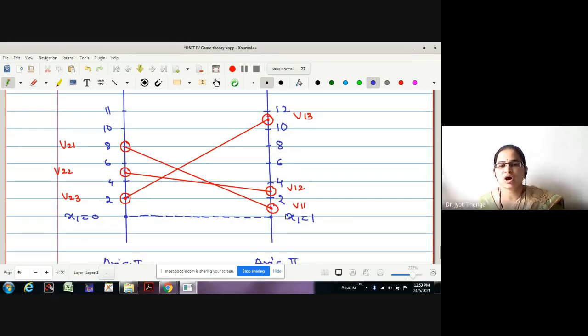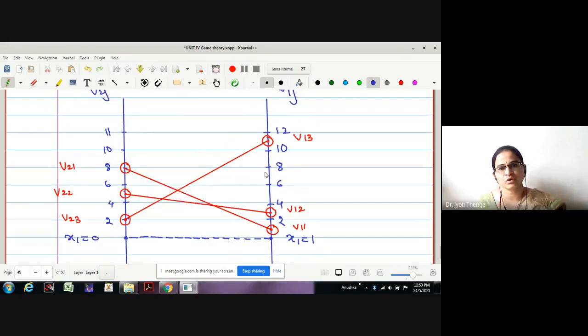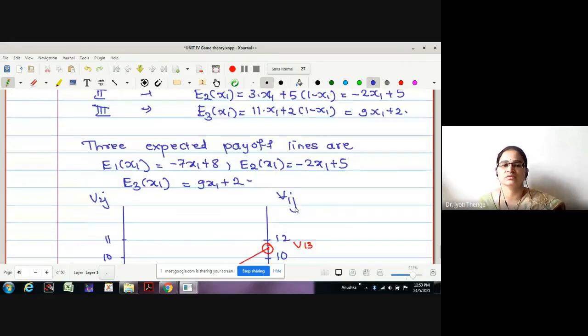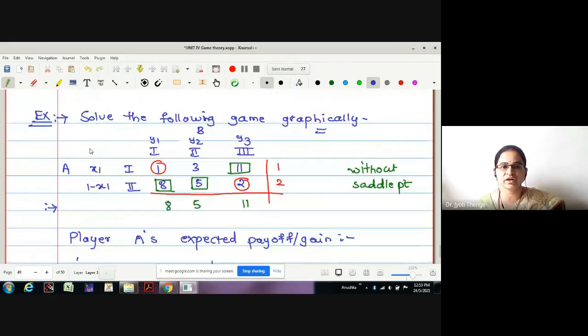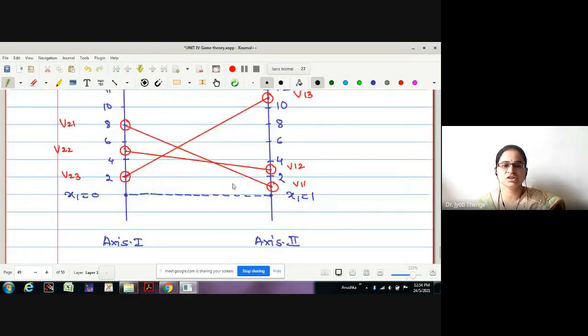That is, V11 should be joined with V21, V12 should be joined with V22, V13 should be joined with V23. Whatever payoff matrix you have, you have to join it column-wise. 1 to 8, 3 to 5, 11 to 2.